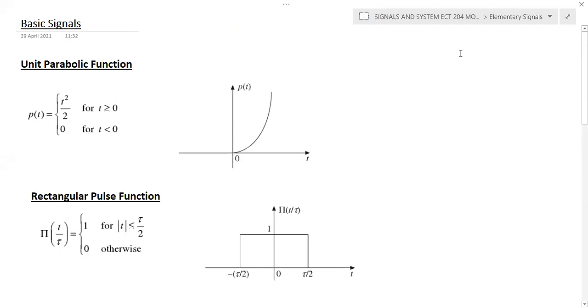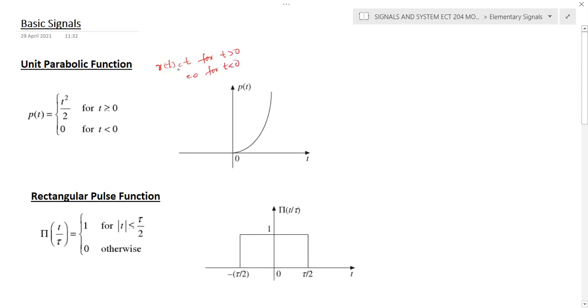So now we'll discuss some other basic signals. First one is the unit parabolic function. Okay, so actually it is the continuation of singularity functions. In singularity functions we defined r of t, that is the ramp signal, which is equal to t for t greater than 0 and 0 for t less than 0.